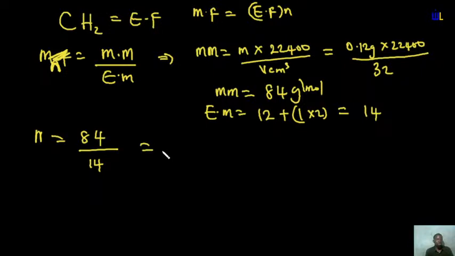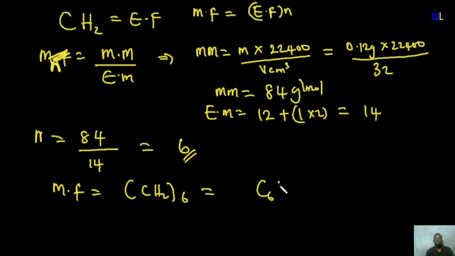When you do 84 over 14, what you should get is 6. Once you have that, you apply it here. The molecular formula will be the empirical formula, CH2, multiplied by n, which is 6. If you do that, it will be C6H12. And that's our answer. I hope this is a very simple concept that anybody can be able to resolve.